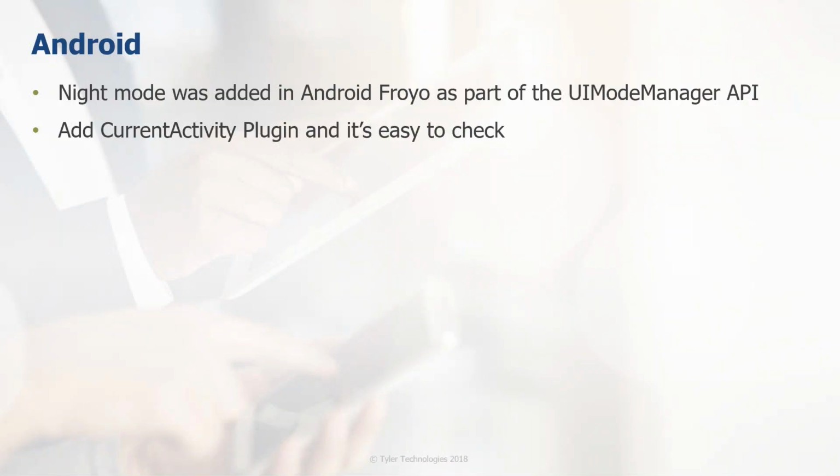For Android, night mode was added in Android 4.0, so it has worked for ages. We need to add Current Activity plugin, which is a plugin that James Montemagno wrote that makes it easy to get the current activity in Android code. That's the only extra plugin we need to do this.